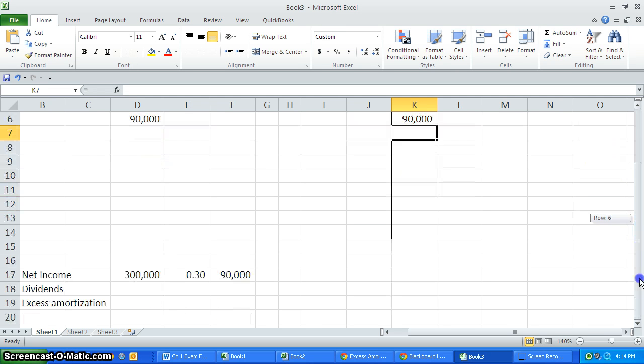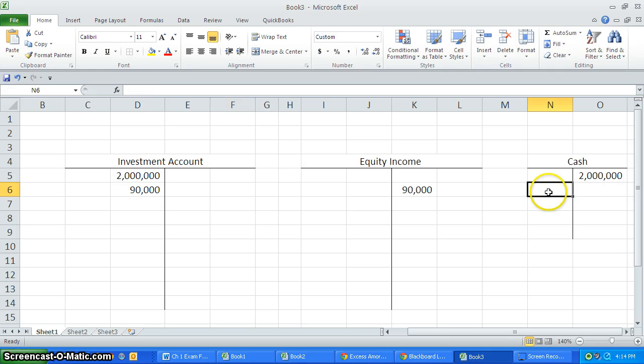Now, dividends are problematic because of our close relationship. We know that dividends are going to reduce our investment. We also get cash for it. So that's a good thing, but it's reducing our investment. It's almost like we're getting money back. So their dividends were $100,000. Our share is 30%, and so the dividends that we're going to receive are $30,000.